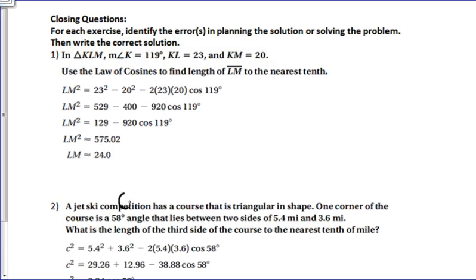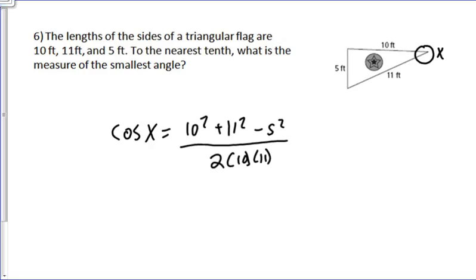And that means that the cosine of x is going to be equal to whatever that is equal to. So take out your calculator. 10 squared is 100. 121 would be 11 squared. Subtract 25 from that. And then you divide that by 2 times 10 times 11.